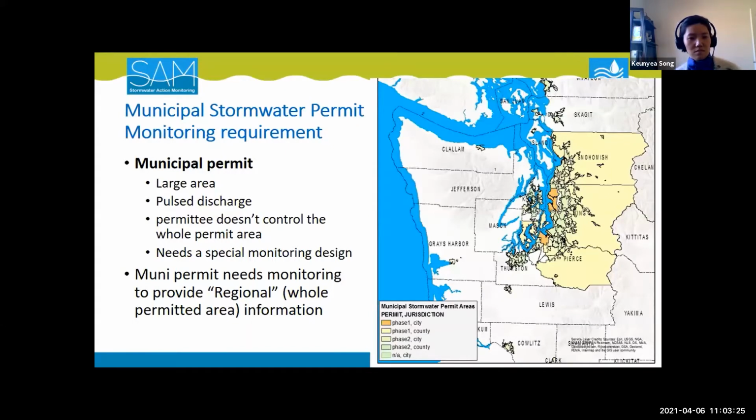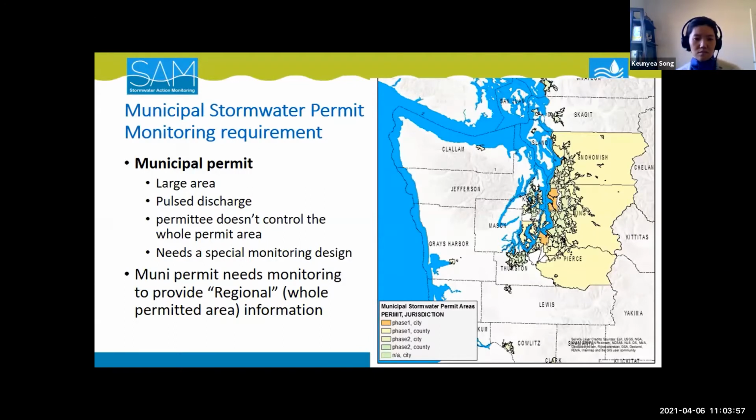However, municipal permittees have to cover such a large area with various activities all mixed into one permit, which makes outflow monitoring very expensive and hard to represent the whole permit area with very limited sampling locations. So the municipal permit needed a different monitoring approach that could be more cost-effective and provide valuable information to both Ecology and permittees.